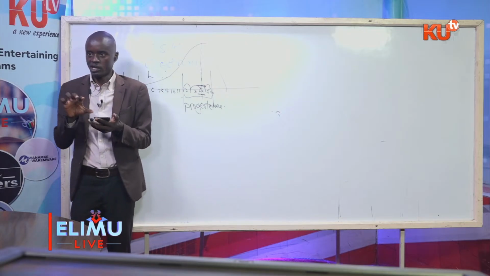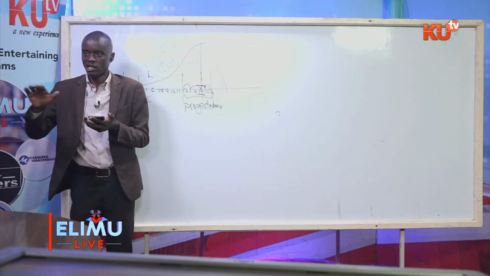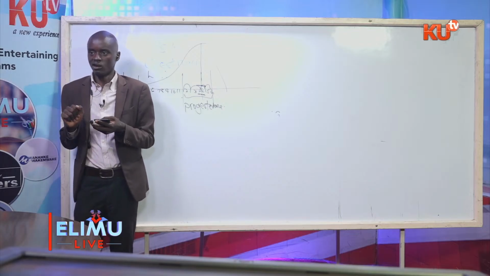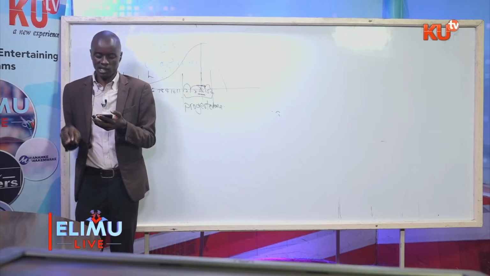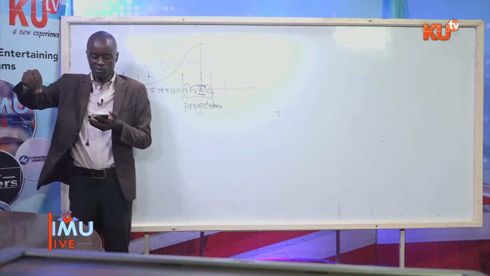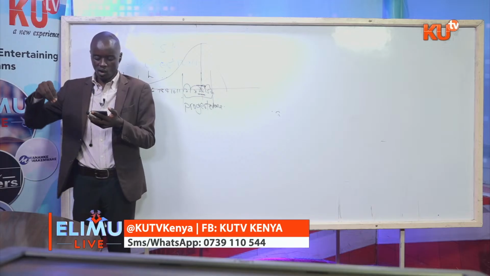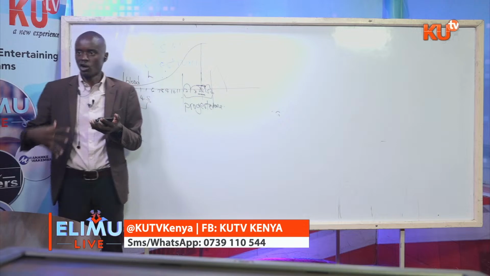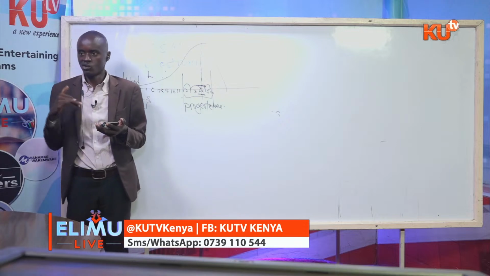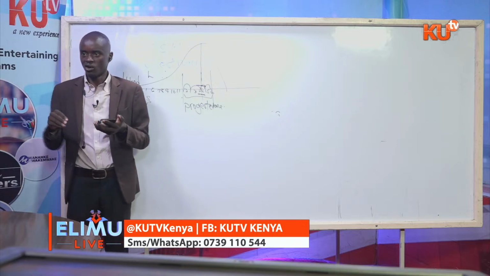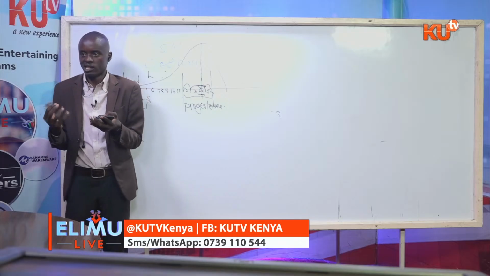Now, when the corpus luteum degenerates, it reduces the level of progesterone. And now, the drop in level of progesterone causes the wall of the endometrium to slough off or to be broken. The thickness now is being broken.